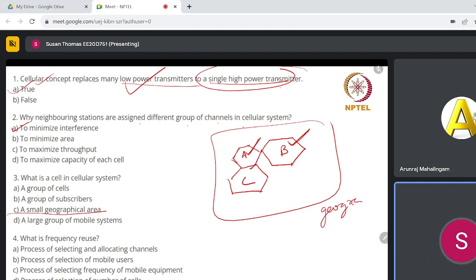Suppose I take it like a city. That city is divided into small cells or small geographical areas. So this cell actually represents that geographical area. That is why we call it a small geographical area.